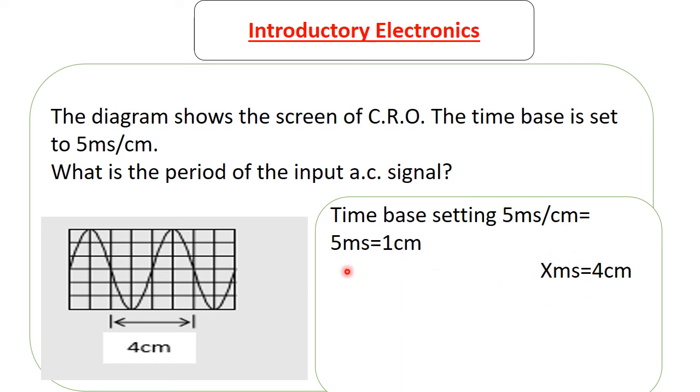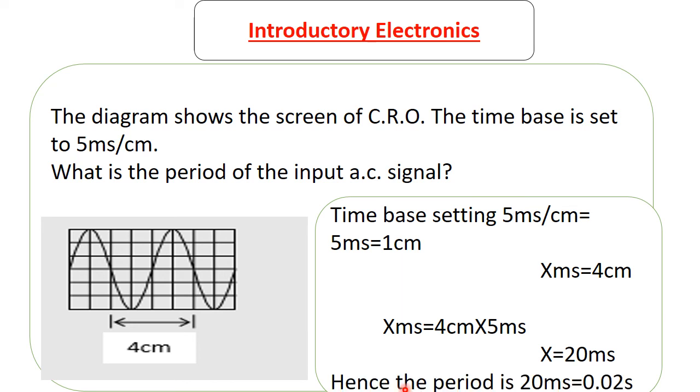Forgive me, I was supposed to write this down, but we're going to cross multiply. x multiplied by 1, and 5 multiplied by 4. So we have x times 1, which is x, and 5 times 4, which gives us 20 milliseconds. If you want to convert milliseconds to seconds, just divide by 1000, and you're going to have 0.02 seconds.